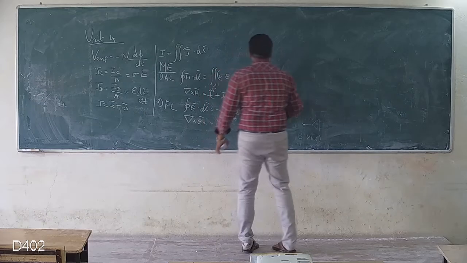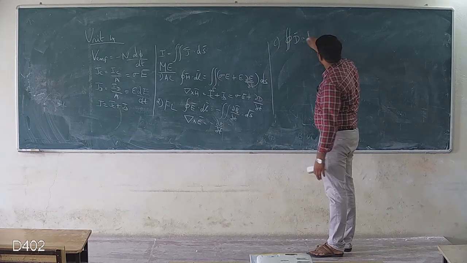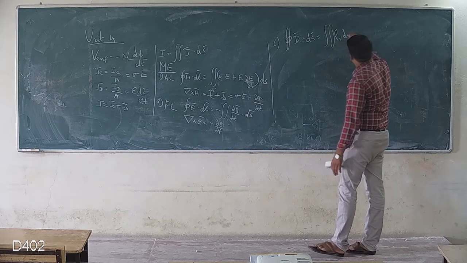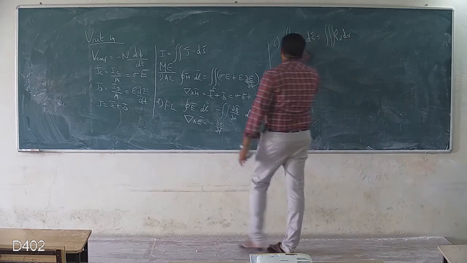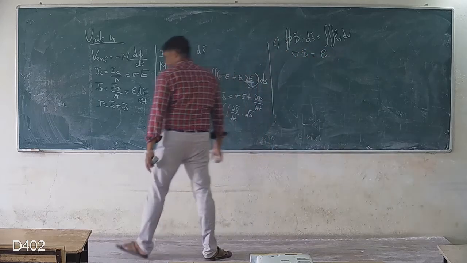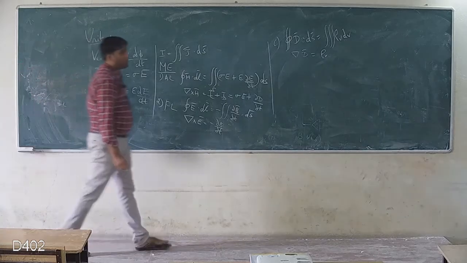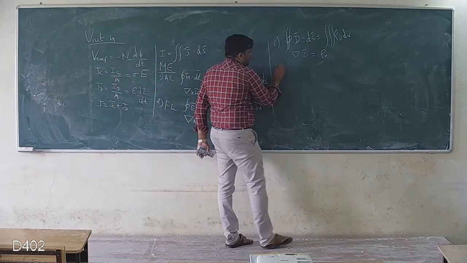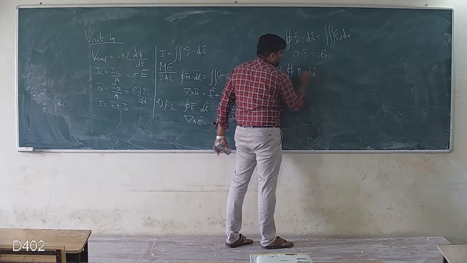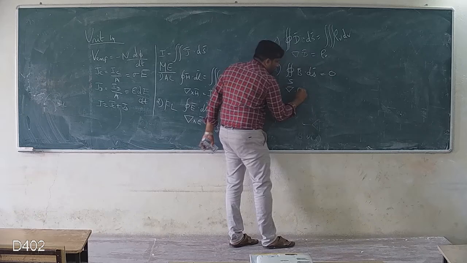Next thing is the third formula, double integral D dot ds vector is equal to triple integral rho v dv, or del dot D is equal to rho v. And the fourth formula is double integral B vector dot ds is equal to 0, or del dot B is equal to 0.